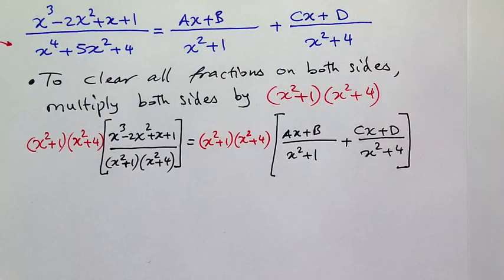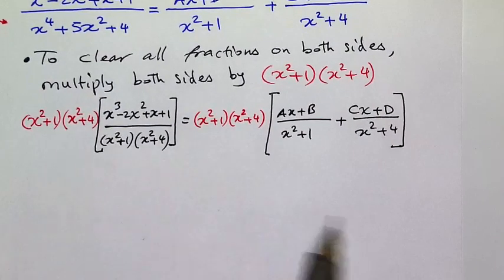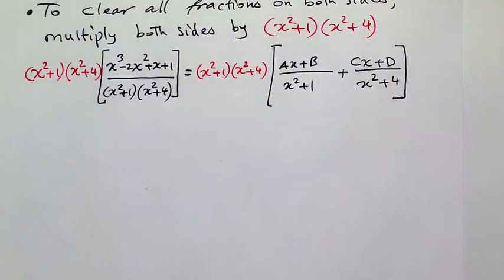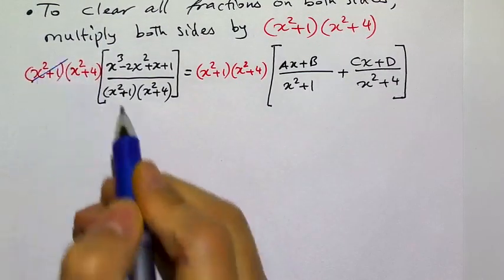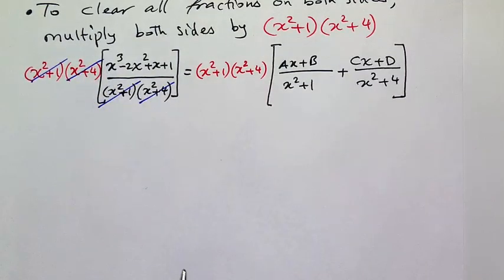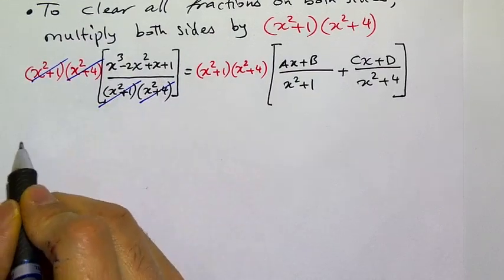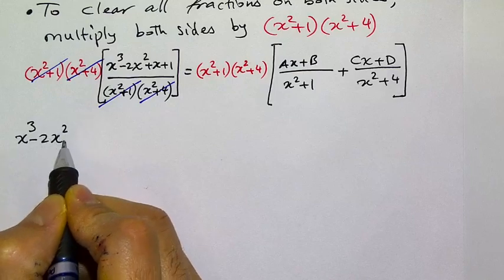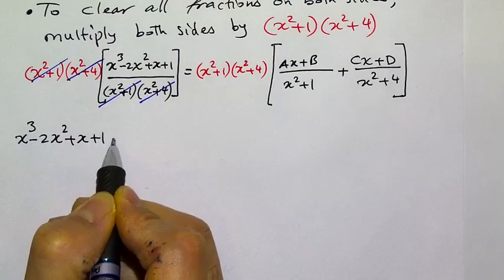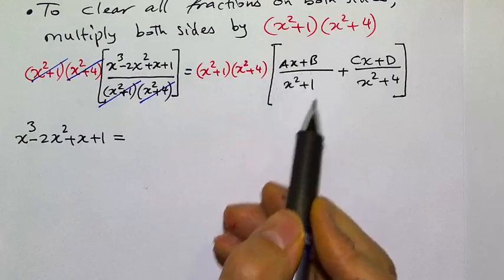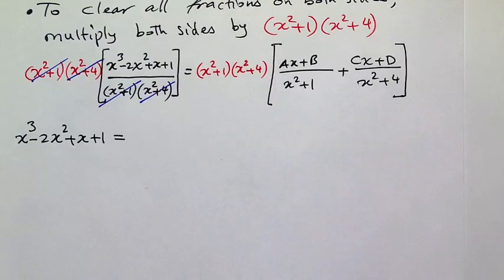Okay? So let's distribute on the left and on the right. On the left, things are looking good because this and this cancel each other out. This and this cancel each other out. We get just the numerator, right? We get x cubed minus 2x squared plus x plus 1 equals, now let's distribute this to each of the fractions on the right side.